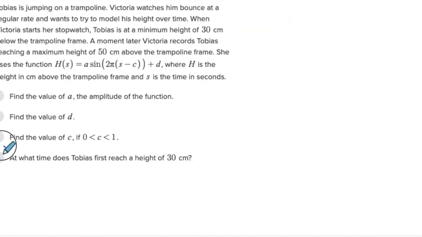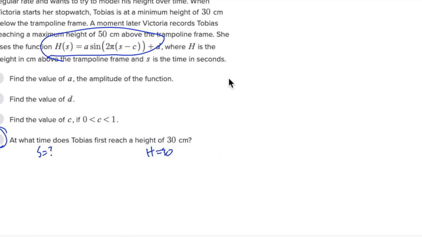And then for the last part, part D, at what time, looking for s, does Tobias reach a height of 30 centimeters? So h equals 30, and we're going to use this equation again. This time we're given the height, so 30 equals 40 sine 2 pi (s minus 1/4) plus 10, since we know C is 1/4.